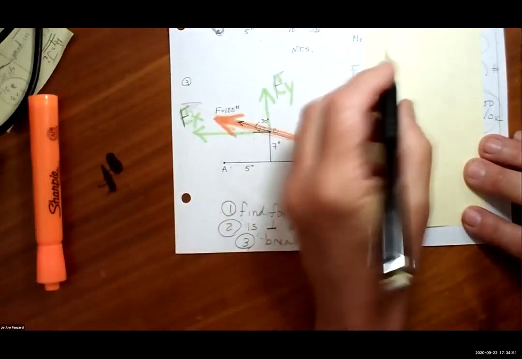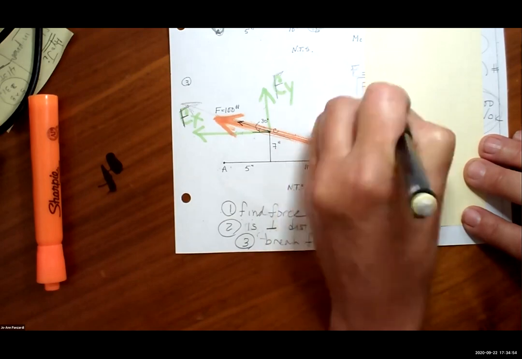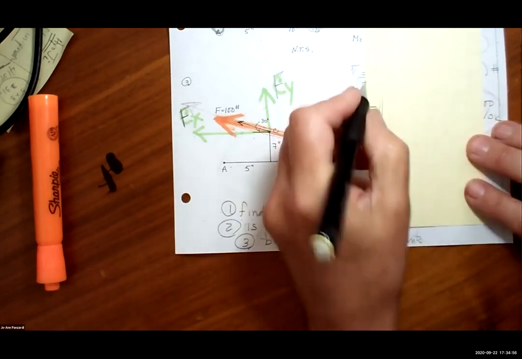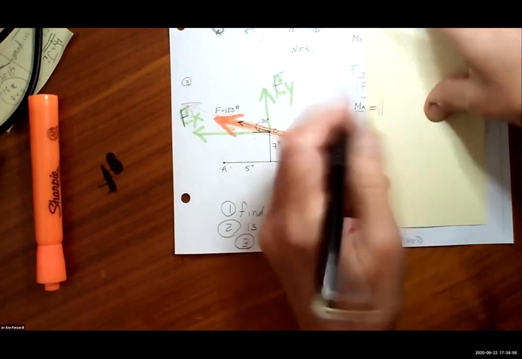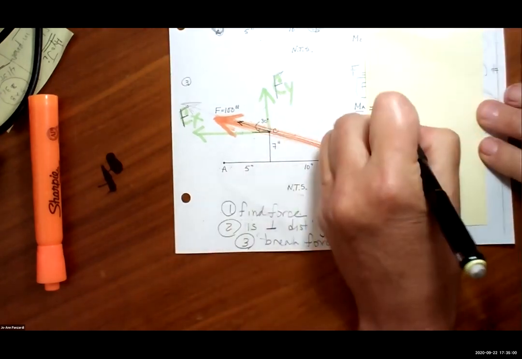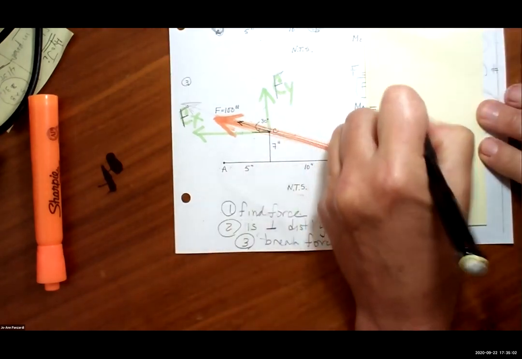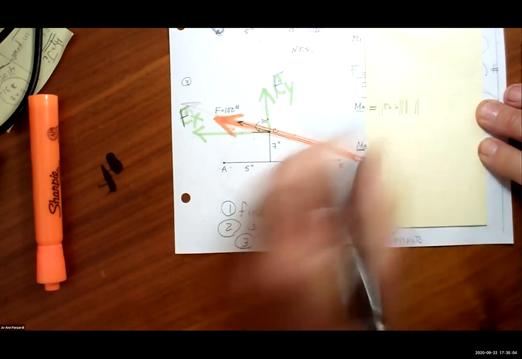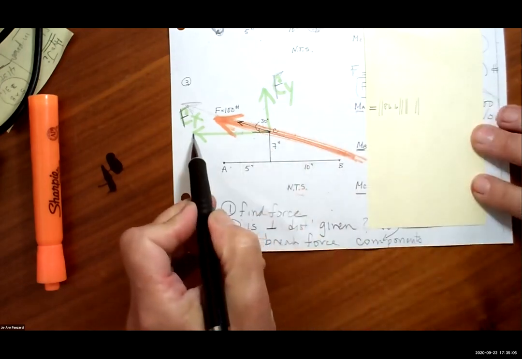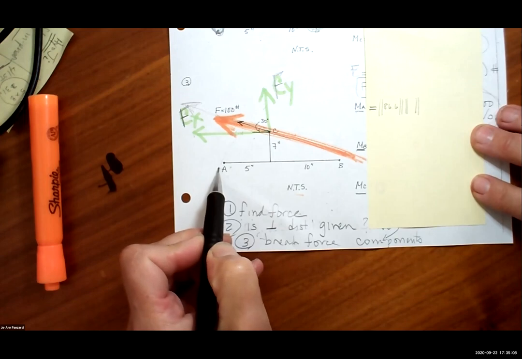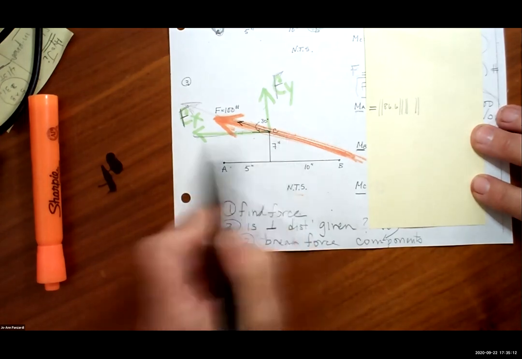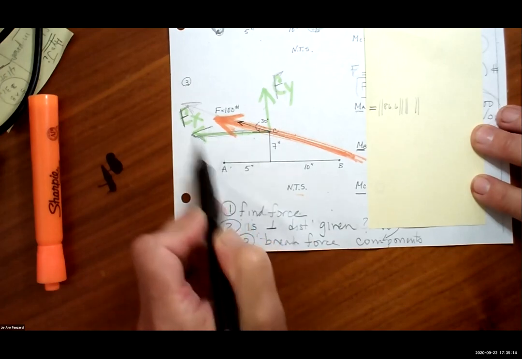I have an X and a Y. So it's going to be equal to the X value, 86.6 times, Cody, what's the perpendicular distance from FX to point A? Here's the force. Would it be 7? Yep.